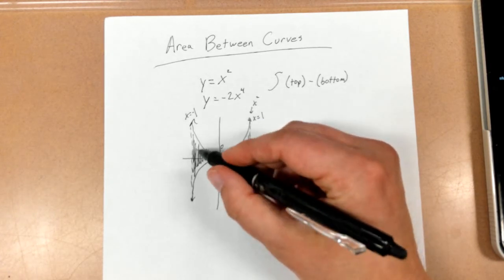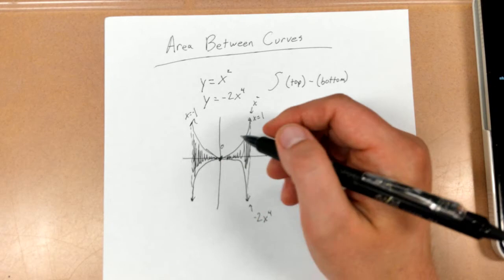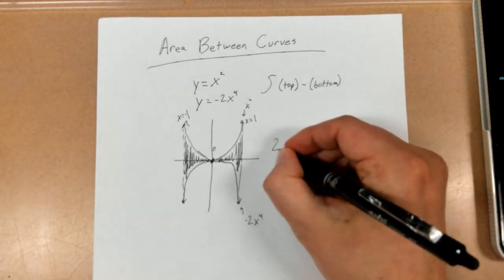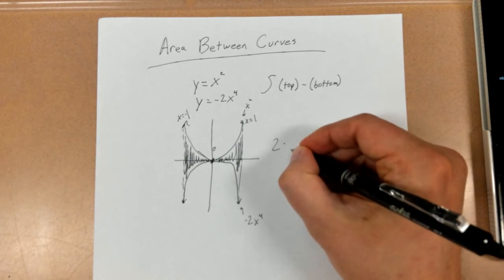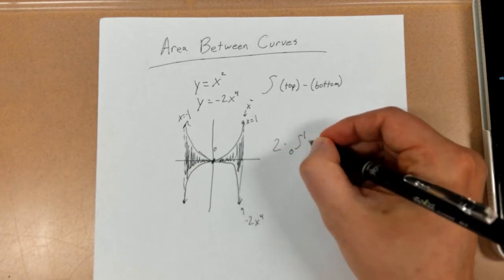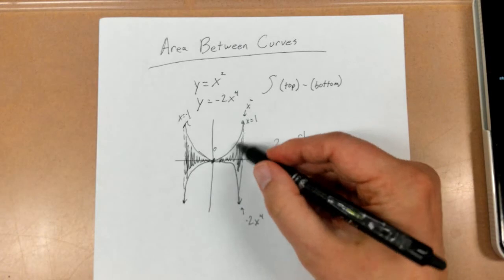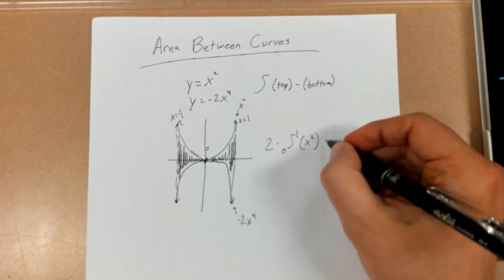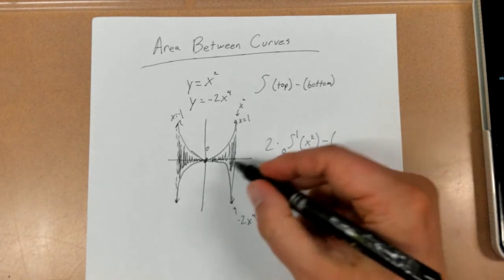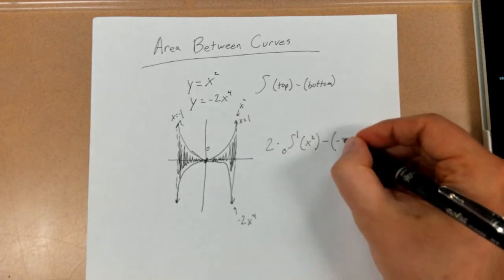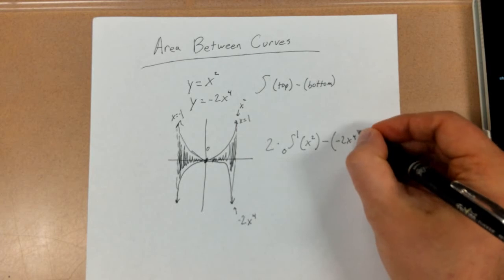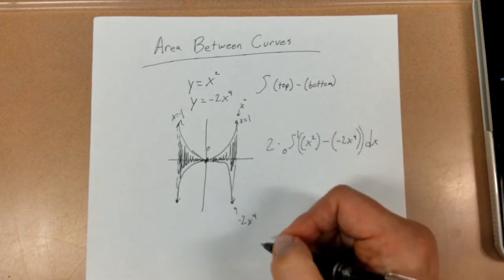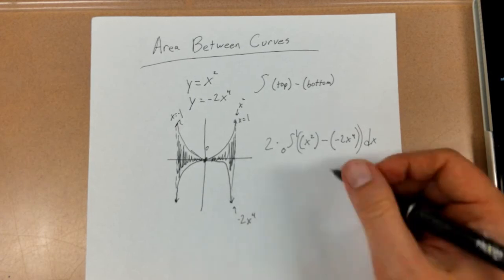You could change it, and I'll show you what that would look like, but I'm going to start with the way that I would set it up first, which would be 2 times the integral from 0 to 1. Now I'm going to write out my top curve, which is x squared, and then I'm going to subtract my bottom curve, which is the negative 2x to the fourth, with the dx there to keep our notation proper.